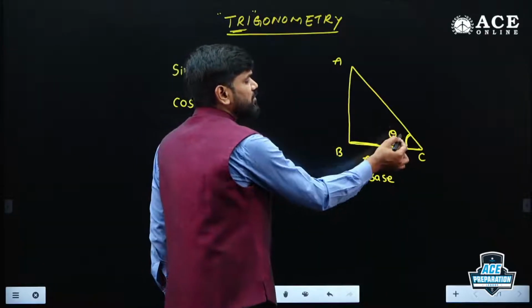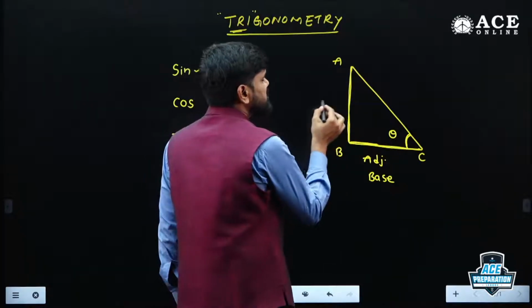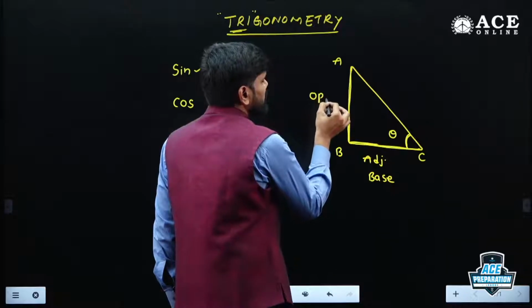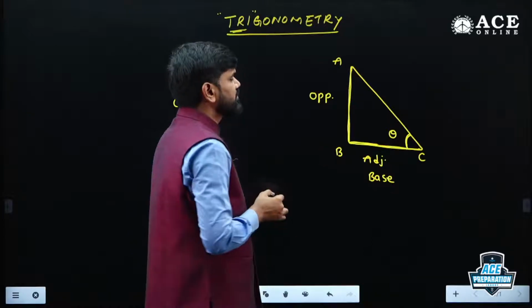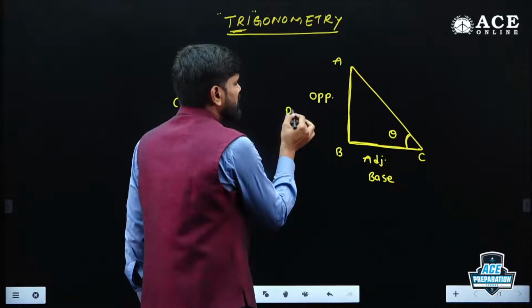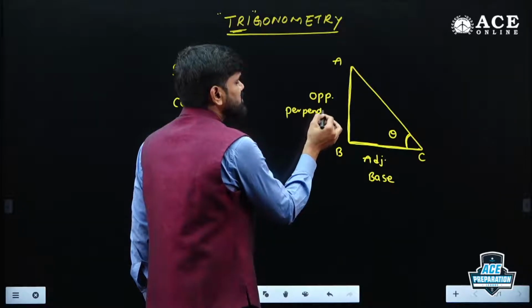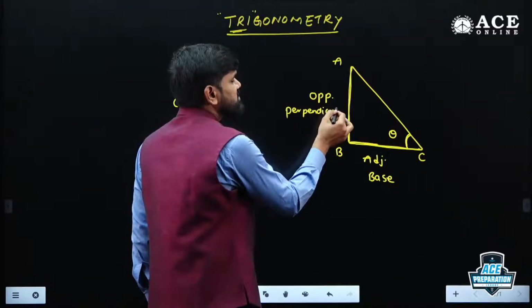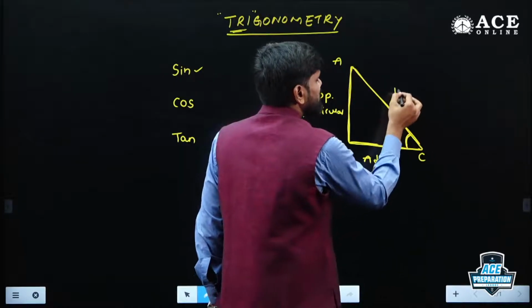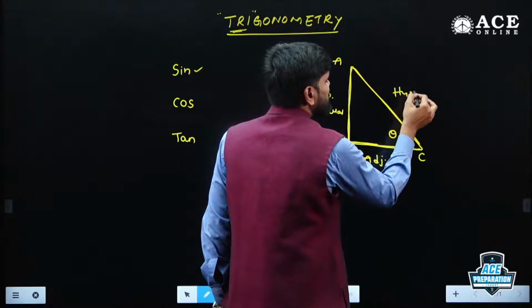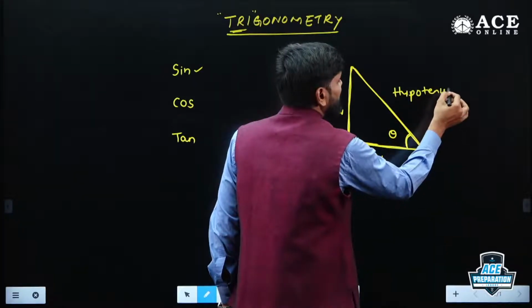The side opposite to the angle is called the opposite side, or we call it the perpendicular. The longest side is the hypotenuse. So these are the three sides in any right angle triangle.